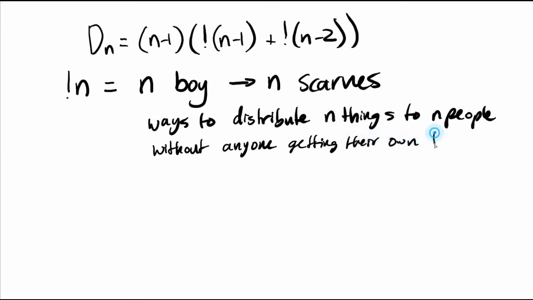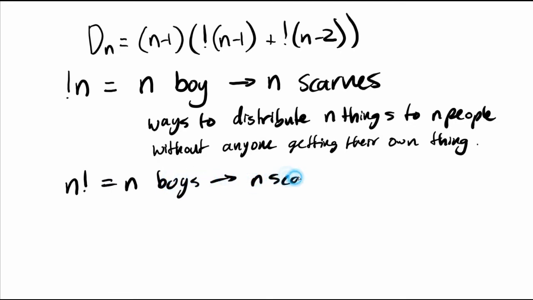This definition is going to be really important, because to derive the formula for derangements we're going to need it. You have to really understand and keep in mind what derangements are. So let's derive a formula for derangements from n factorial, because n factorial is similar in that it involves n boys and n scarves.